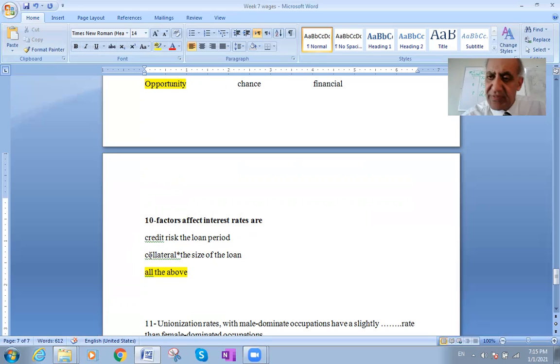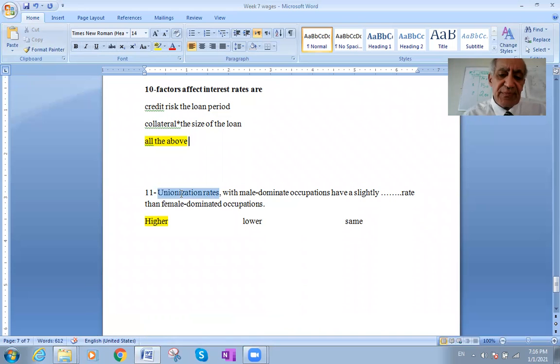Instead of 7%, I will ask for 20% because you don't have collaterals. And the size of the loan also: the bigger the size of the loan, the higher the risk, so the higher the interest.